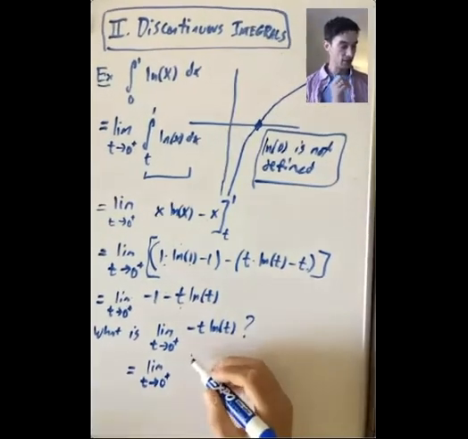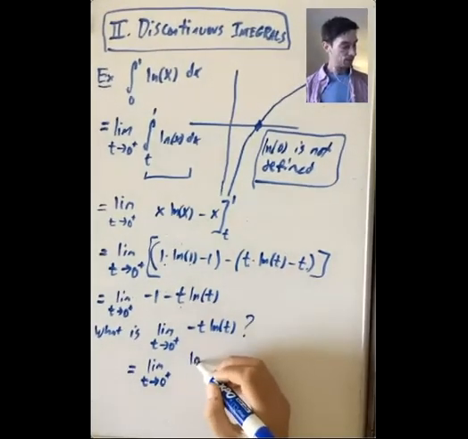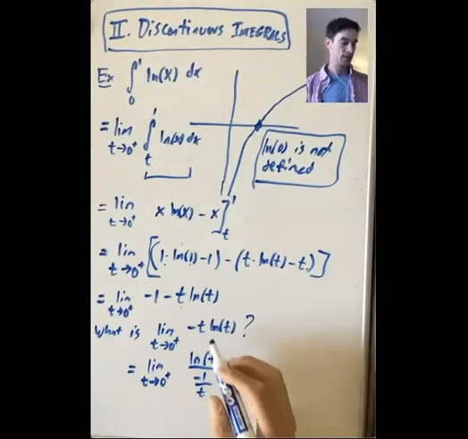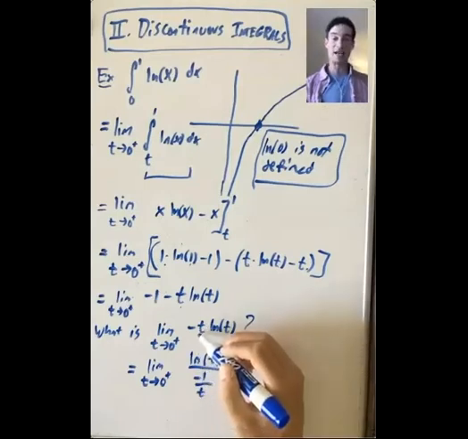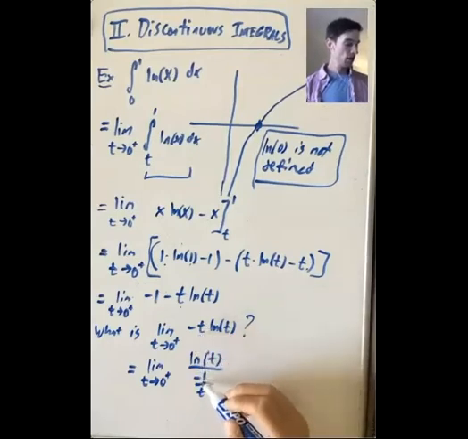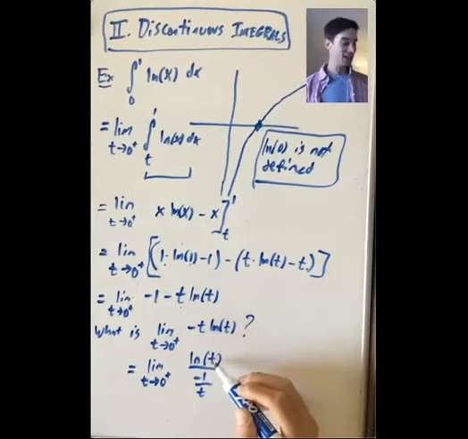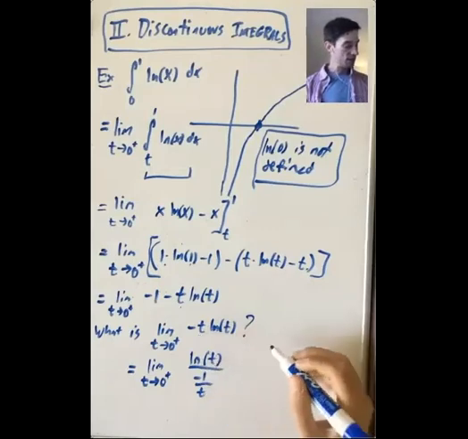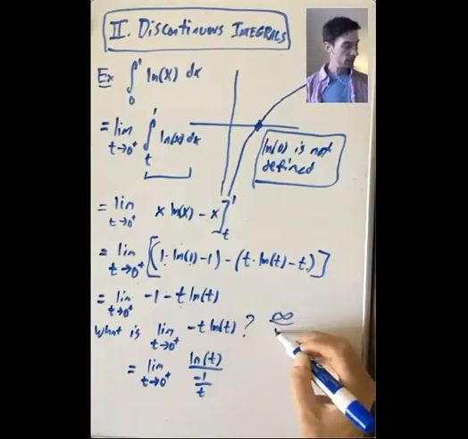So we can think of this as natural log of t divided by -1 over t. Right? -1 over t is negative t, but now the numerator is going to -infinity and the denominator is going to -infinity. So we have this infinity over infinity limit.